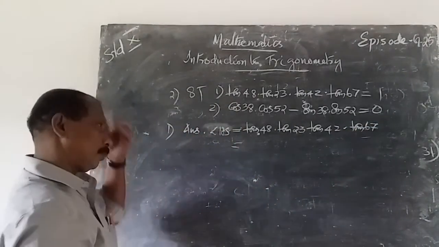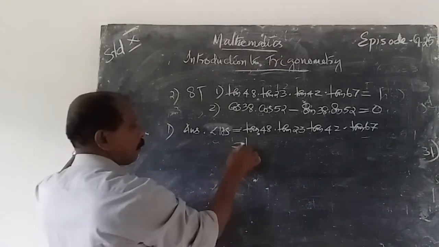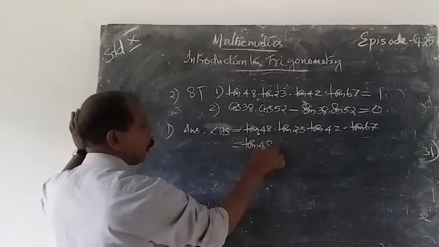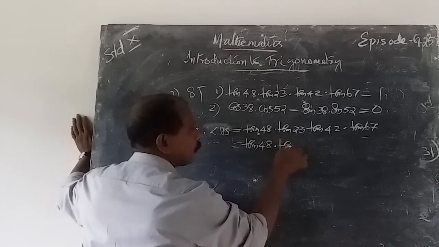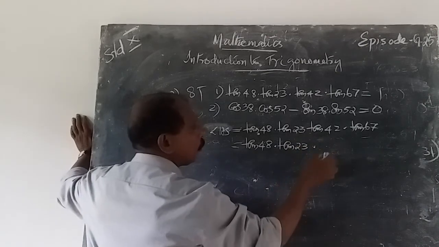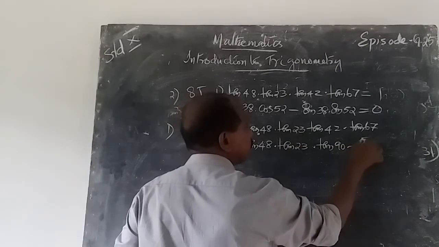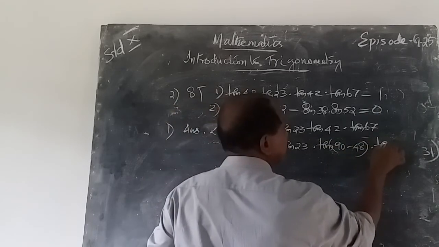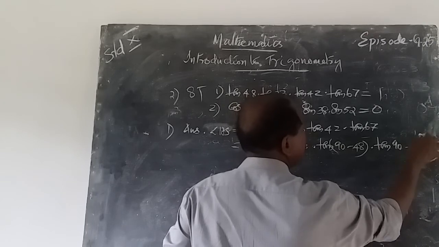Tan 48 is written as tan 48, tan 23 as tan 23, tan 42 is tan 90 minus 48, and tan 67 is tan 90 minus 23.